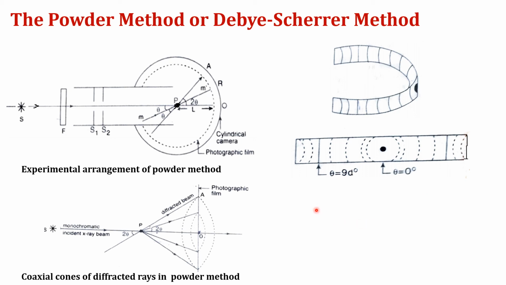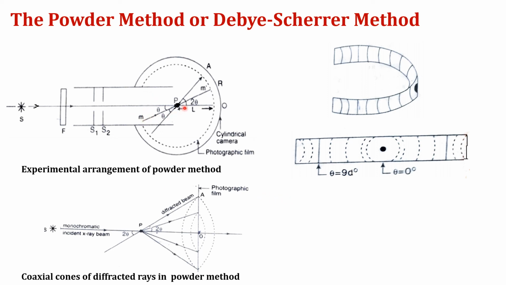How we analyze a given sample and its crystal structure, we explain in the next lecture. Before that, we explain here how we determine the interplanar spacing of a given material by using the powder method.